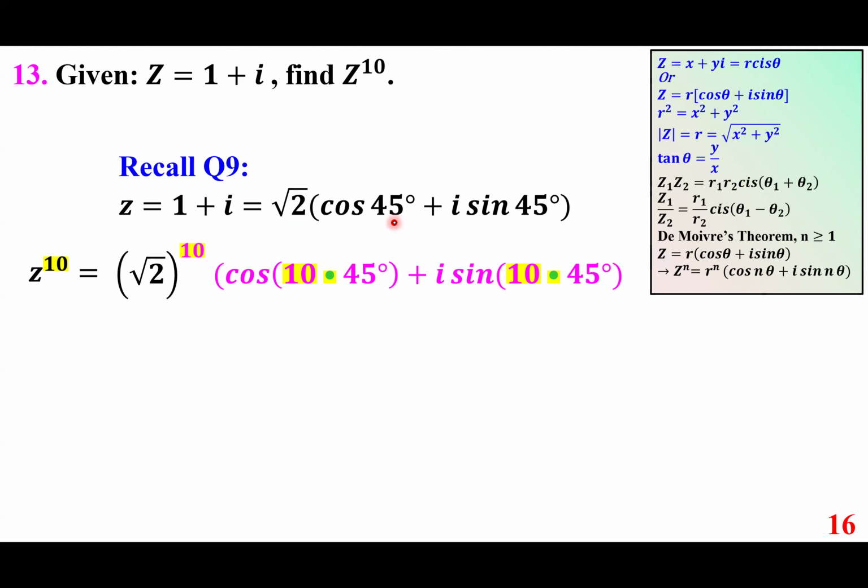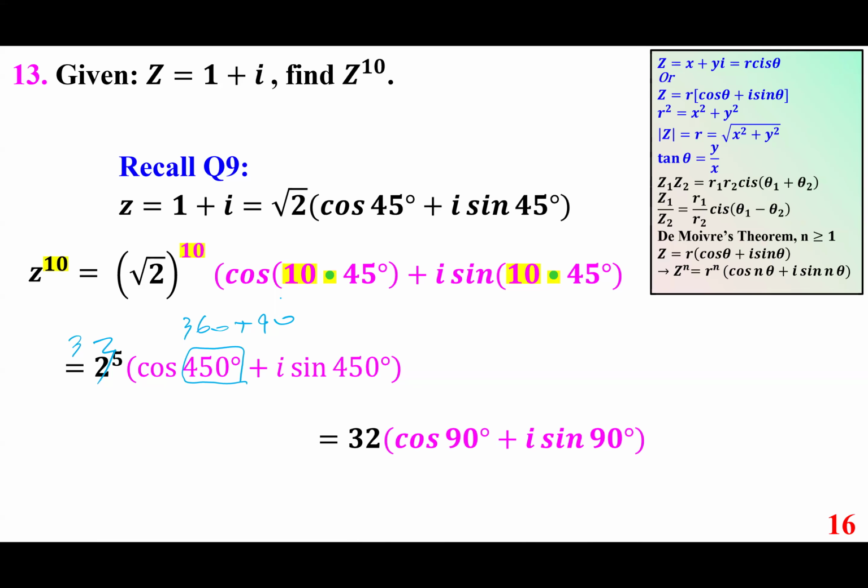So obviously this becomes 2 to the power of 5, which is 32, and this becomes 450 degrees. As you know, 450 is 360 plus 90. So just use 90. Cosine of 90 is 0. Sine is 1. So now it's 32i.